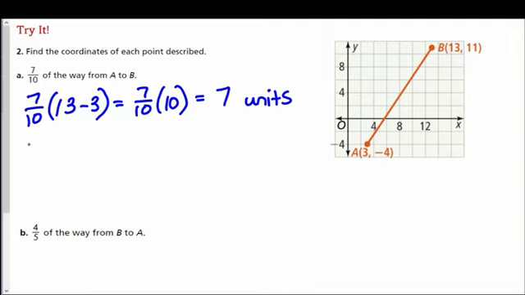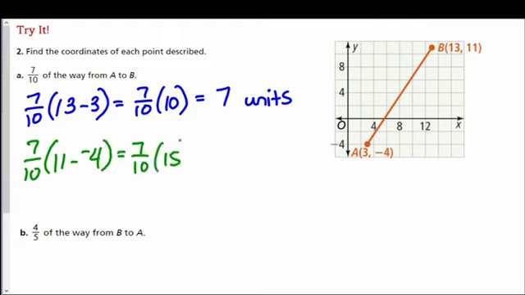And then I'm going to find 7/10 of the vertical change, which would be 7/10 times 11 minus negative 4, which is 7/10 of 15, which is 10.5 units.